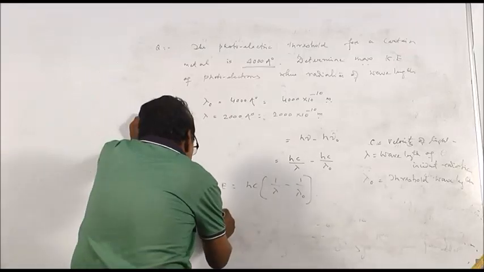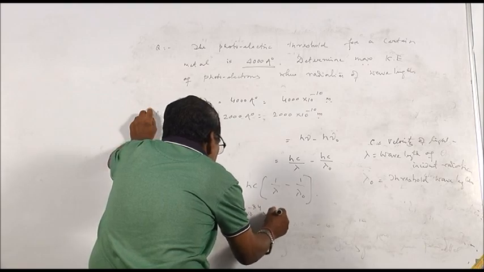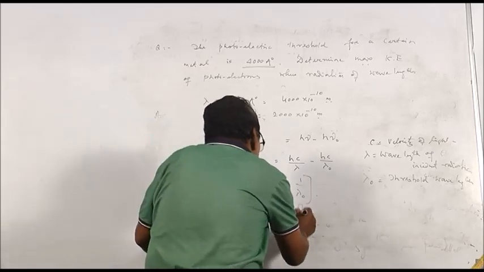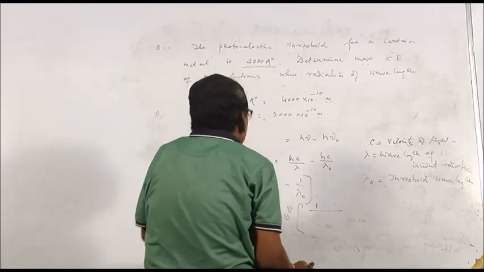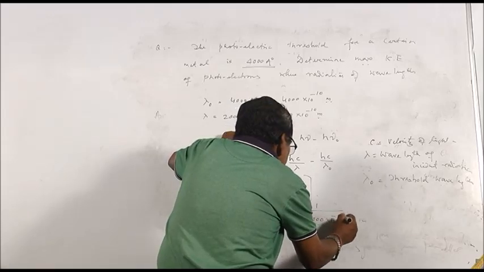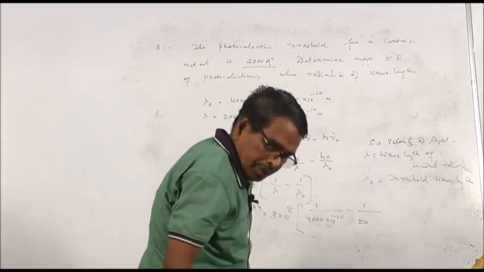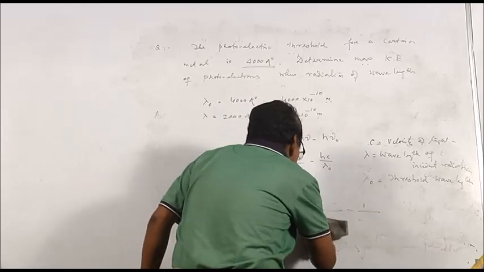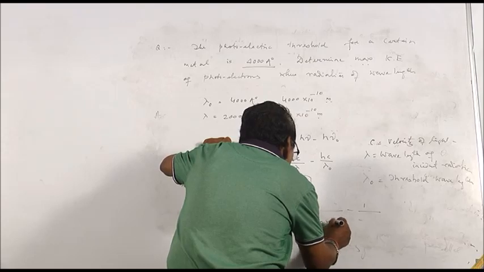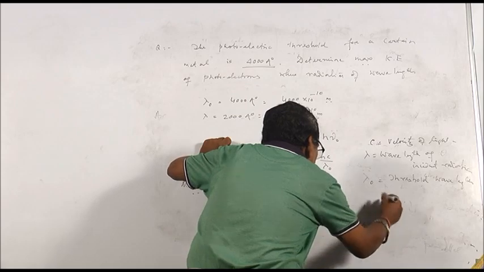That is, h is 6.6 into 10 to the minus 34, c the velocity of light is 3 into 10 to the 8, you have to remember this, into 1 by 2000 into 10 to the minus 10 minus 1 by 4000 into 10 to the minus 10.